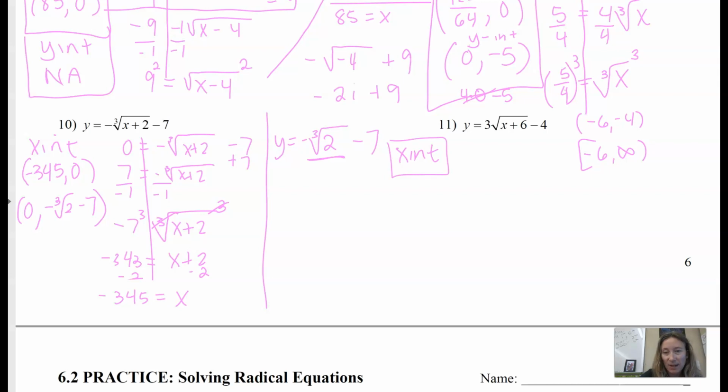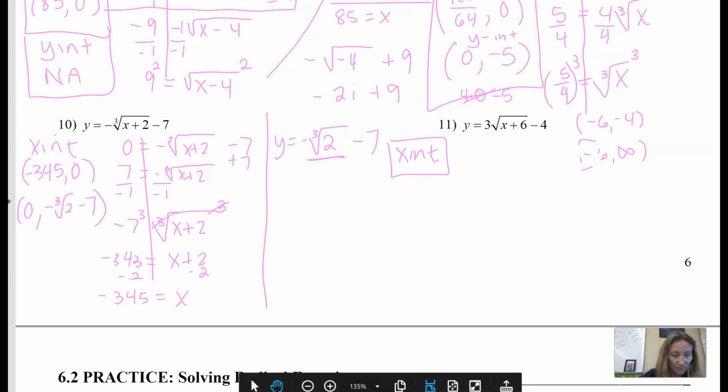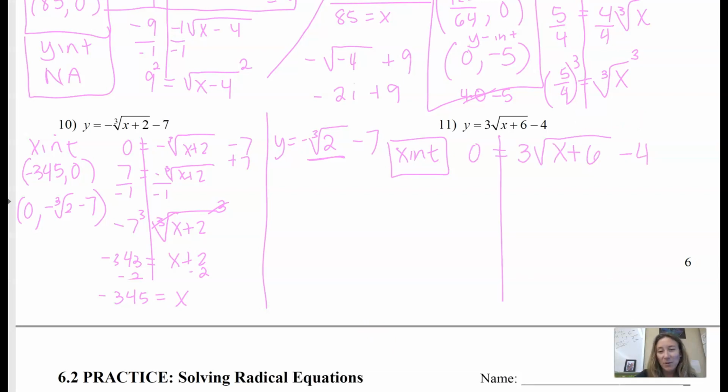So erasing that. I've replaced y with 0. I'm going to solve for the radical by isolating it, adding 4, and then I'm also going to divide by 3. So now I've got 4/3 is equal to the square root of x plus 6.